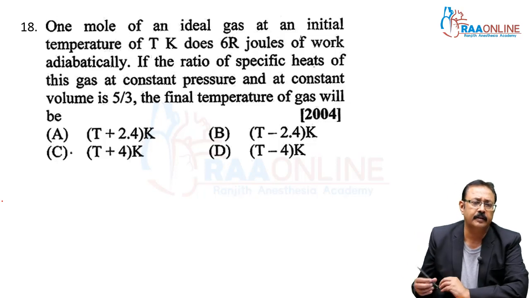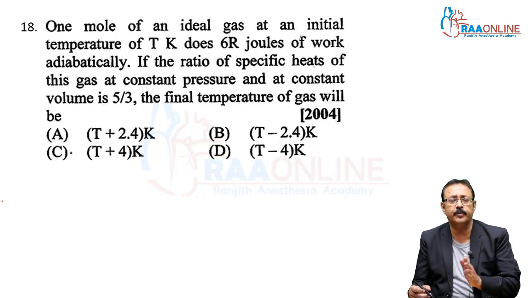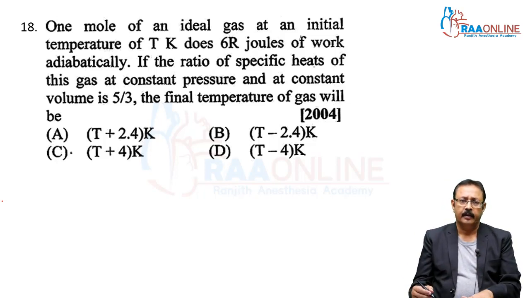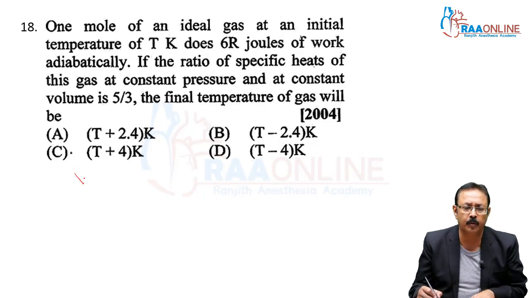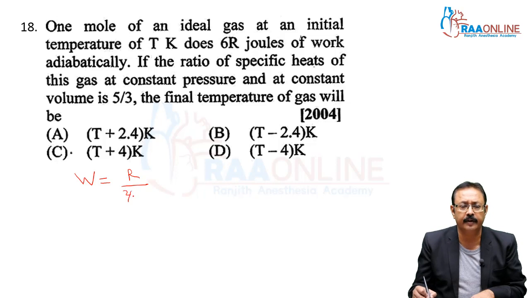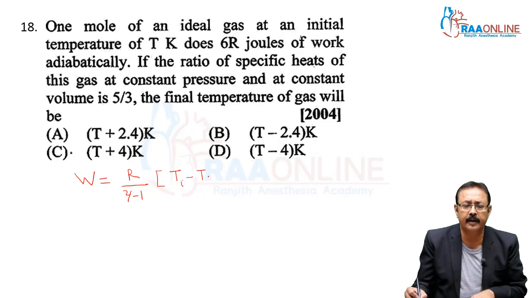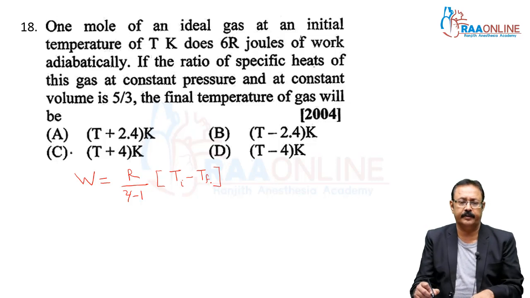We know from the previous unit, we have a derivation: work done in an adiabatic process is R upon gamma minus 1 into initial temperature minus final temperature.